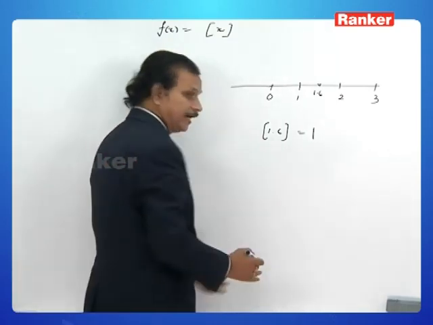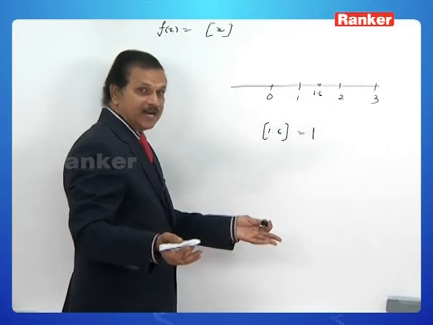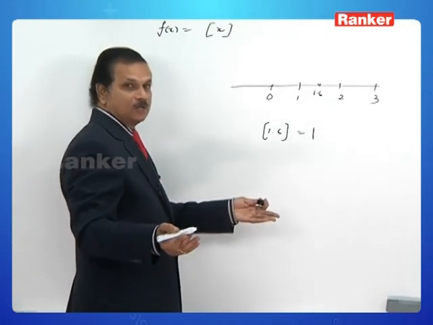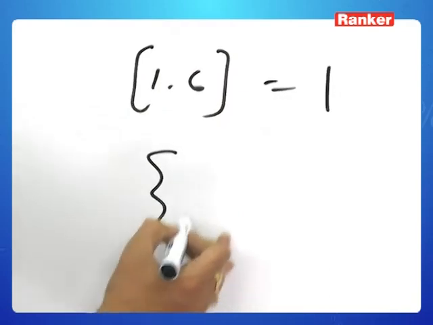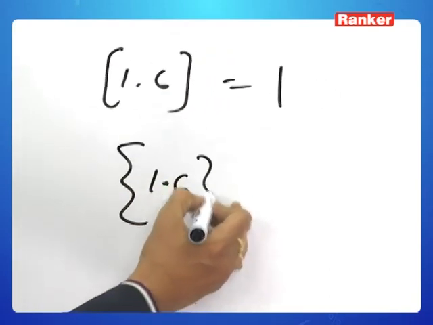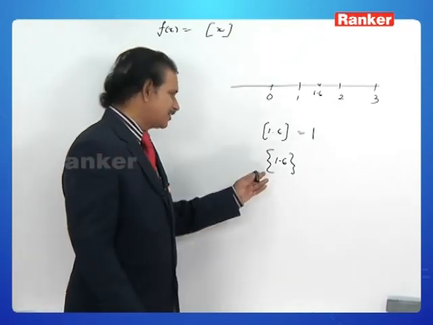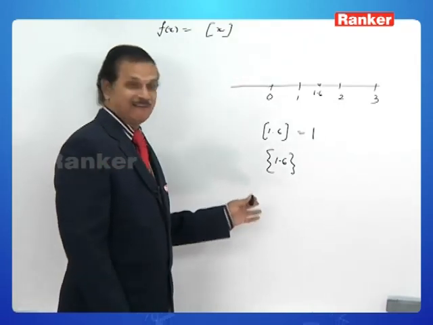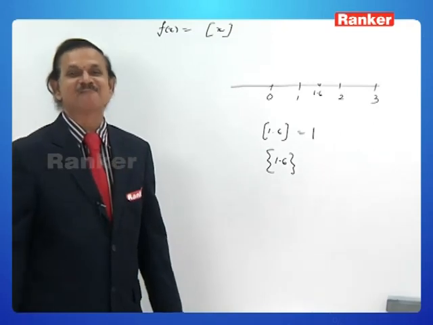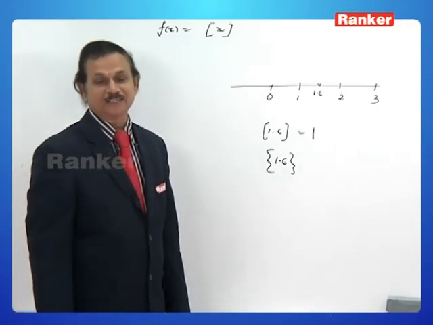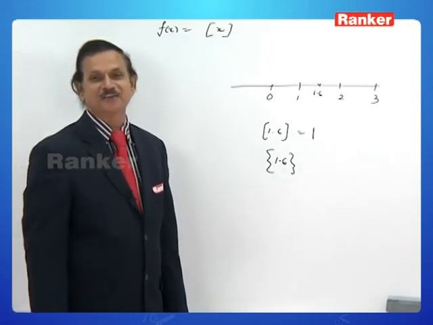There is another symbol also to represent the fractional part. What is that? You are not supposed to read this as flower bracket 1.6 or singleton set 1.6. That is not the way to pronounce it.